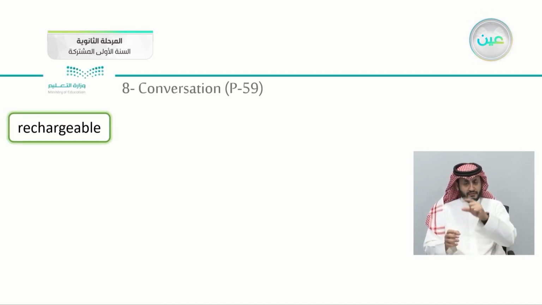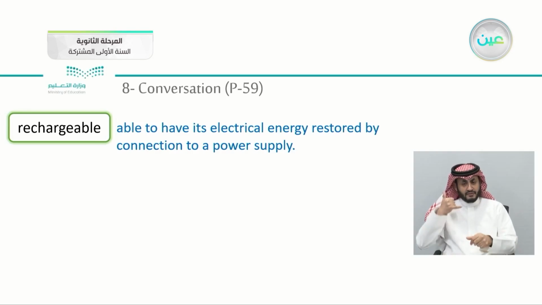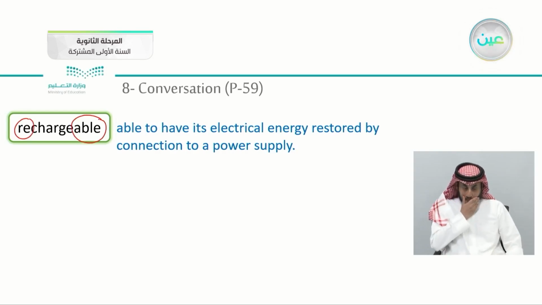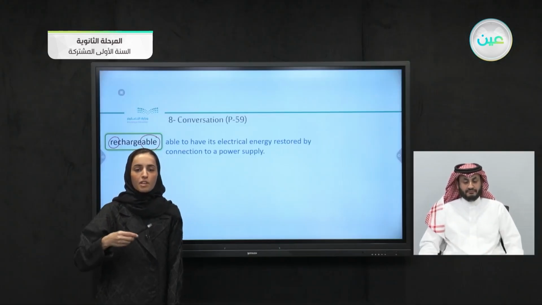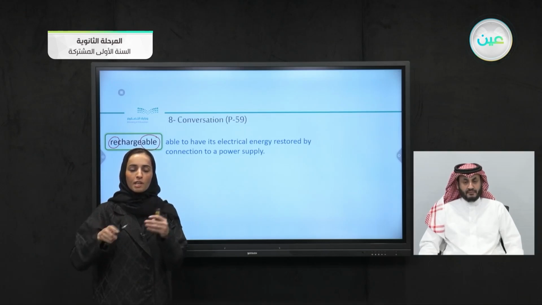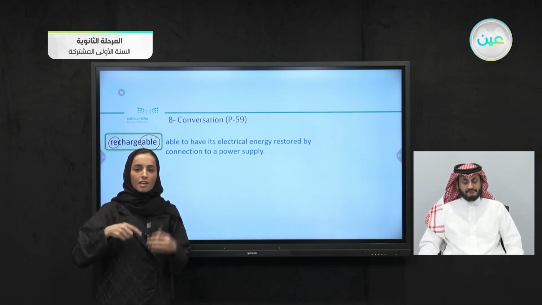Rechargeable batteries. When we say something is rechargeable, it is connected with suffixes. Re means again, and able means can. Charge: you can charge it again and again. Rechargeable, I will recharge my phone again and again.